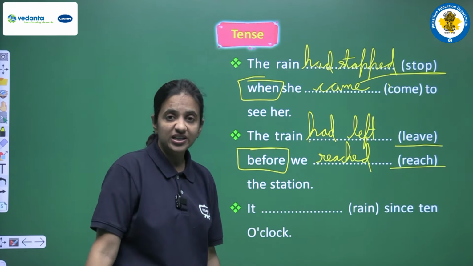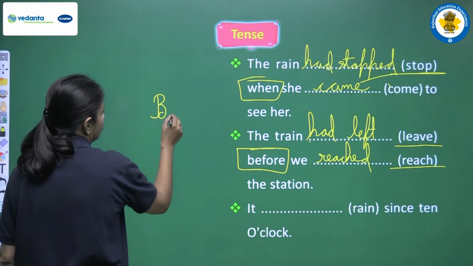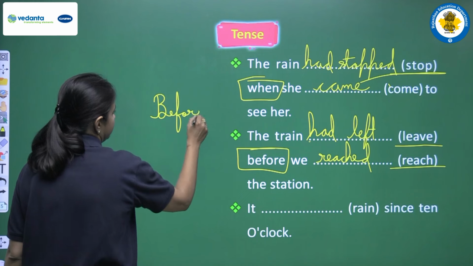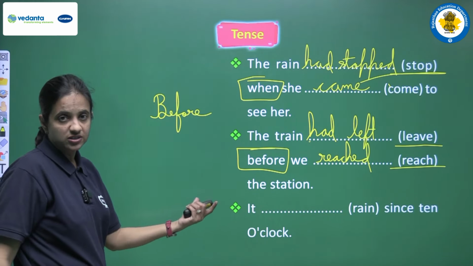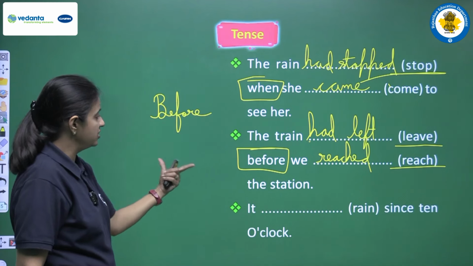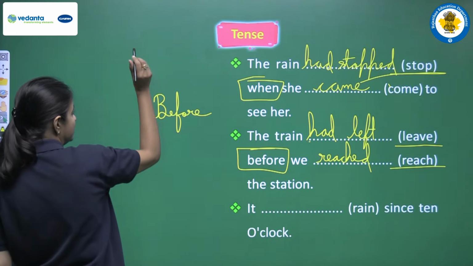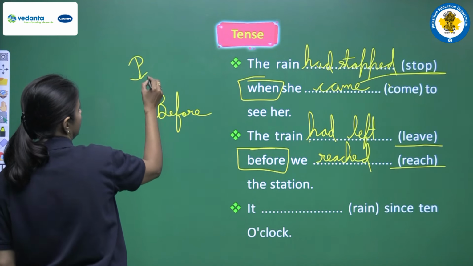So here one thing I want to tell you: if we are having before in a sentence, and we are having two clauses, one clause is before this conjunction and the second clause is after this conjunction. So just learn this thing, that in the first clause we will use past perfect.